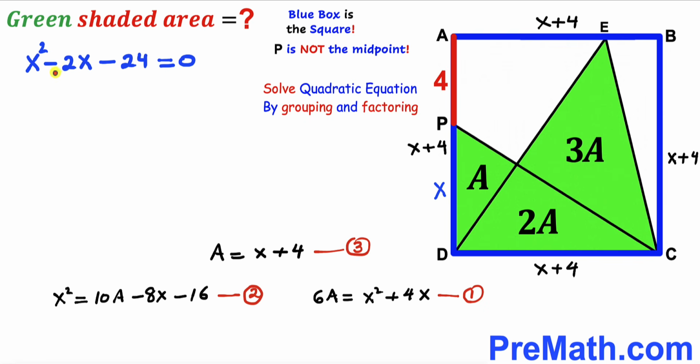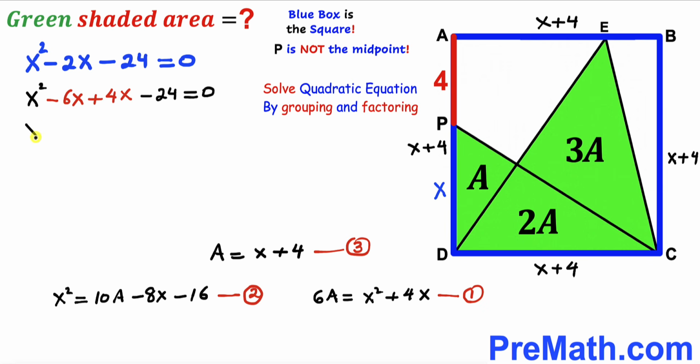And now let's focus on this middle term. We are going to tweak this. That could be written as negative 6x plus 4x, as you can see in this next step. And now we can see x is in common between the first two terms, and positive 4 is in common for the last two terms.